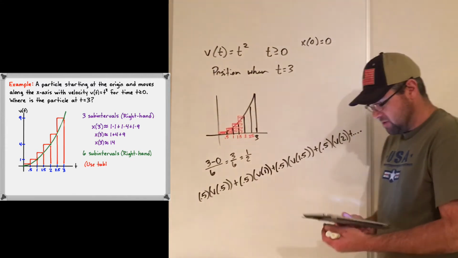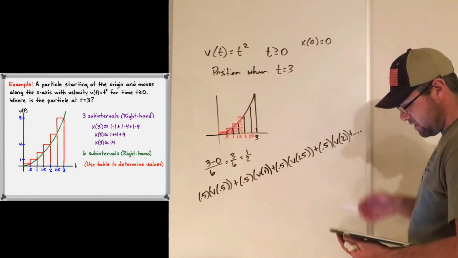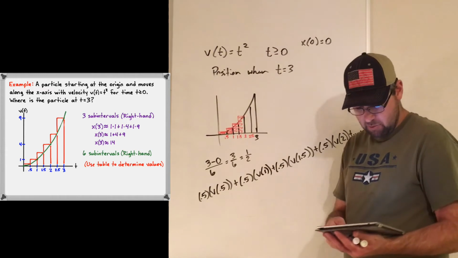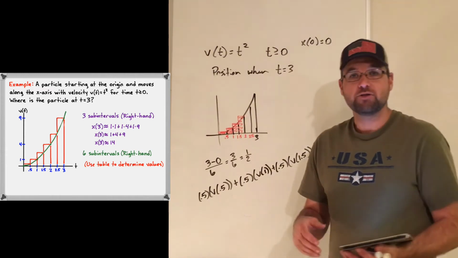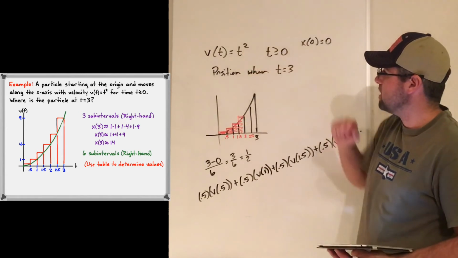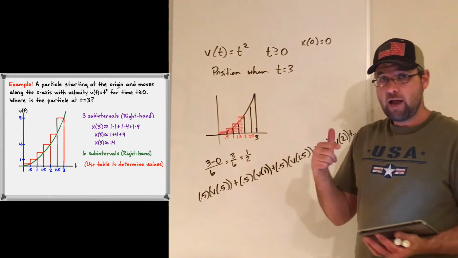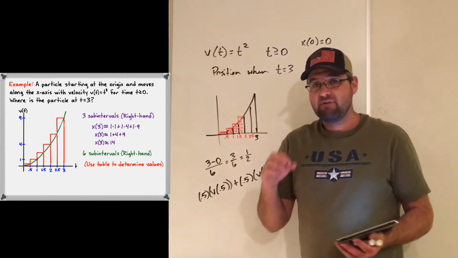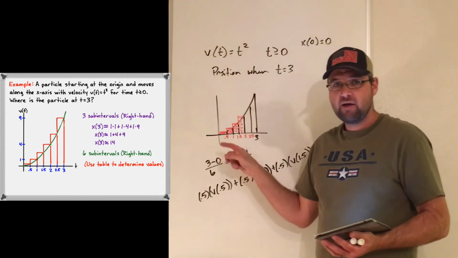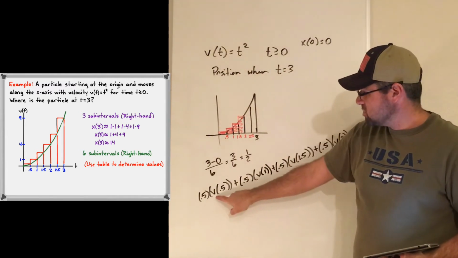So we would say that our position would be those areas added up. Now notice it says use a table to determine the value. So you would type v of t equals t squared into your y list, and then you would set your table to start at 0 and have intervals of 0.5, and it'll give you those velocity values, and you can just plug them in right there.